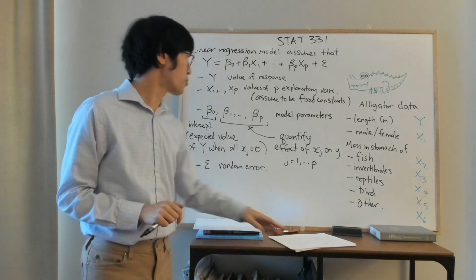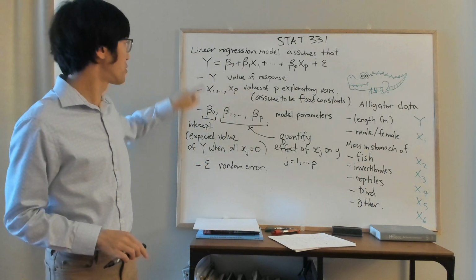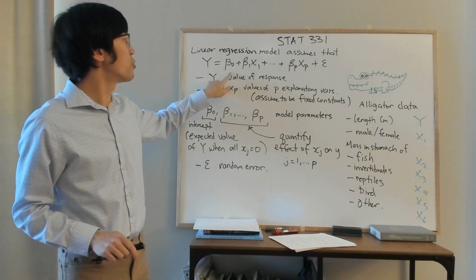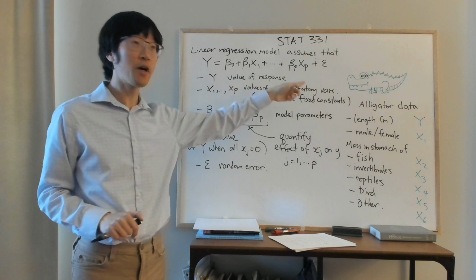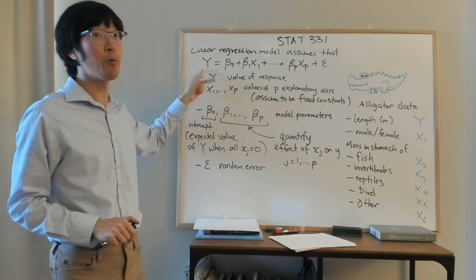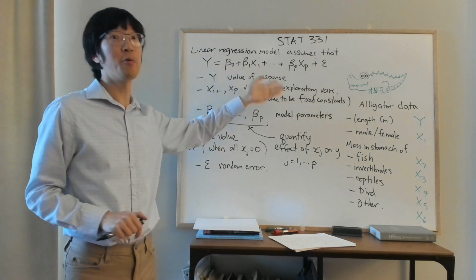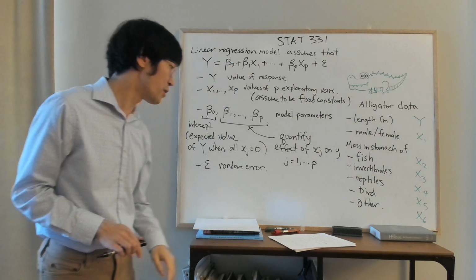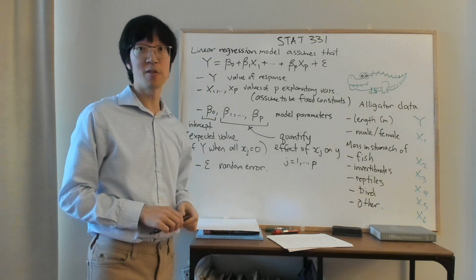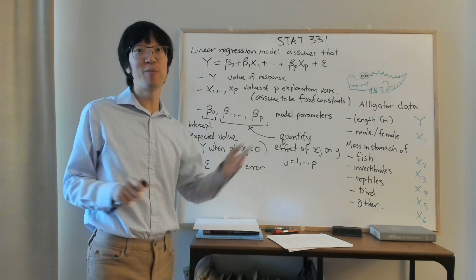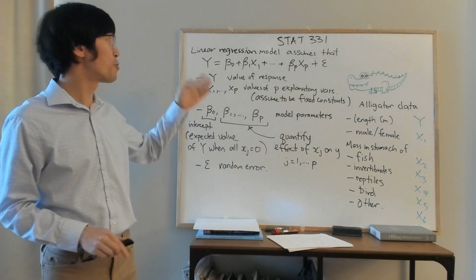From a practical point of view, there may not exist a linear combination of the x's that perfectly models the y, and this allows for the fact that the model will not perfectly fit the data. One of the most famous sayings in statistics is that all models are wrong, but some are useful. That's what we hope to do as we fit these linear regression models.